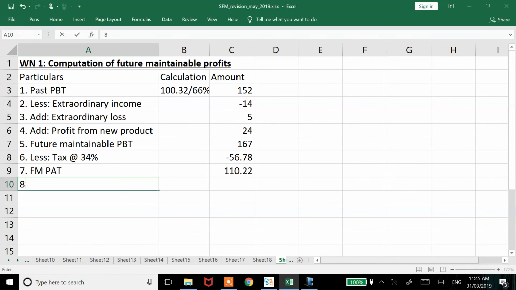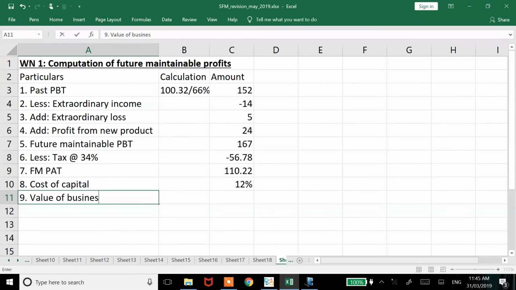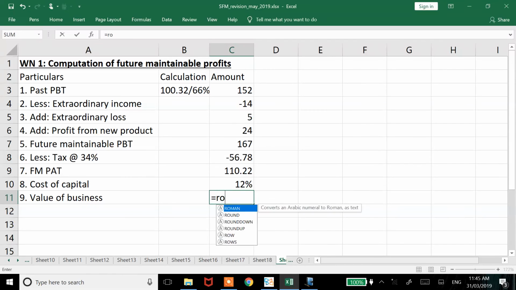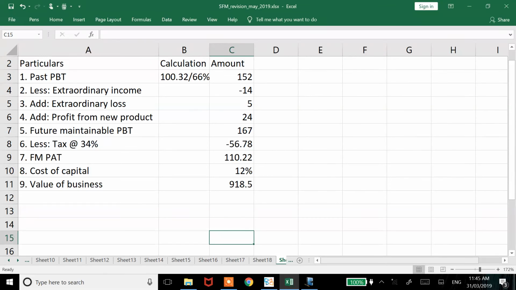So point number 8, cost of capital, 12%. I'll divide and get the value of business, 918.5. Any doubts on 918.5?